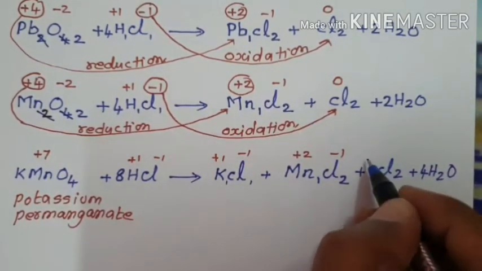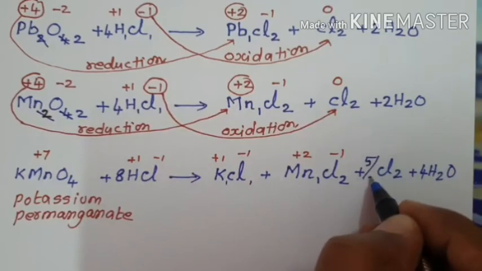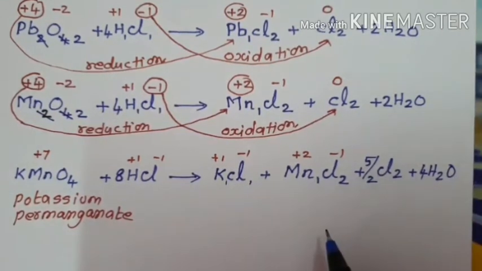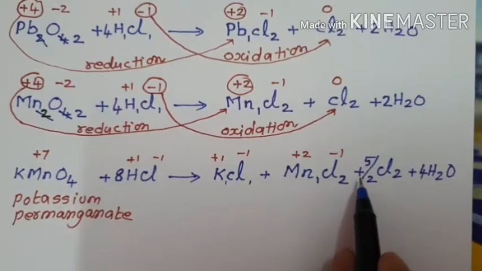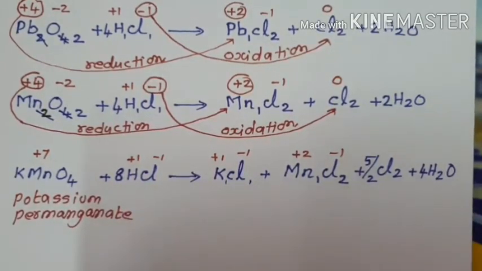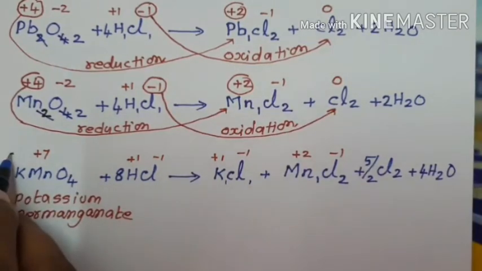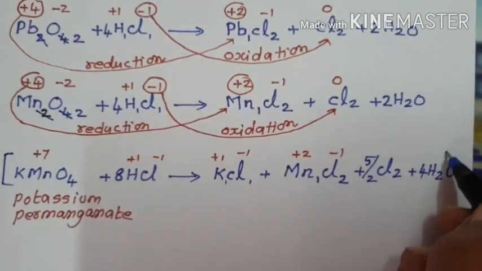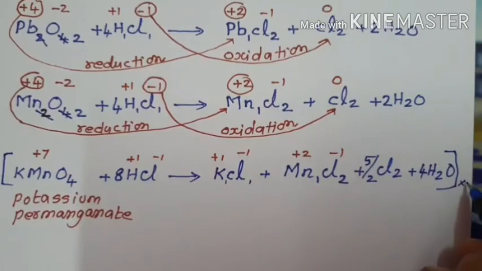2 into dash equals 5, so 5 by 2. 2 into 5 by 2 equals 5. To cancel the denominator quantity, the whole equation is multiplied by 2.